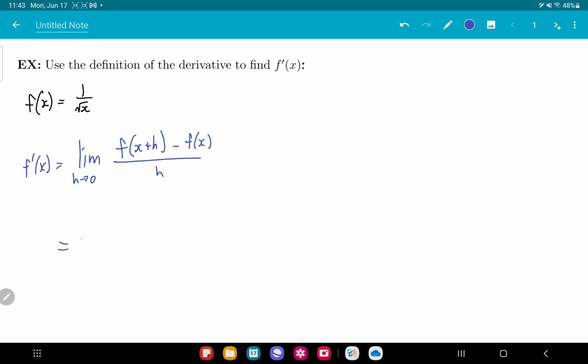So f of x plus h, what I do to find this is just take this x here, that little guy, and replace it with x plus h.